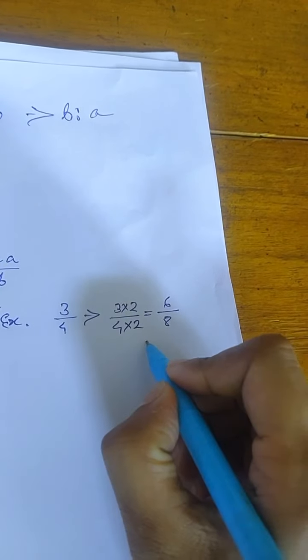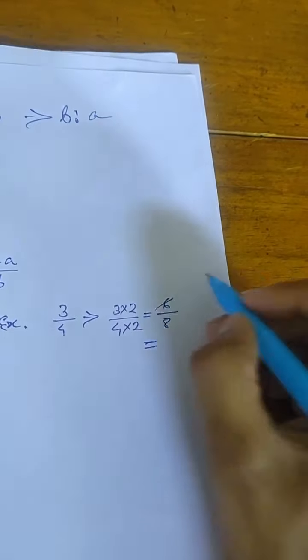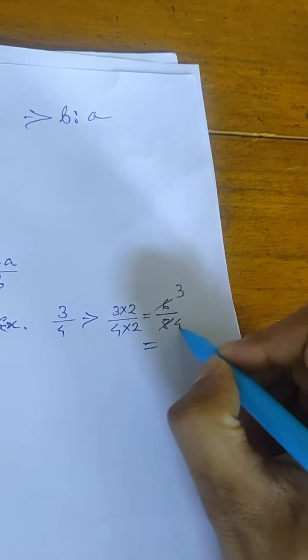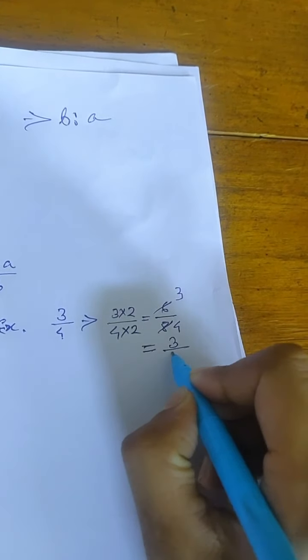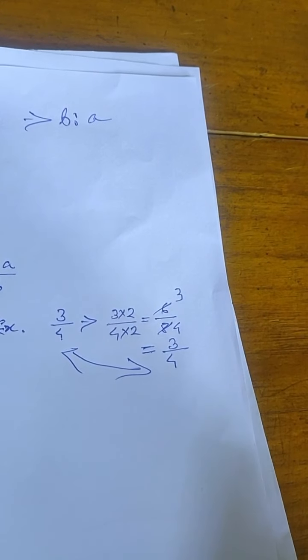If we cancel it, 2 into 3, so 3 times 2 into 4 equals 8, so it will be 3 by 4. So we see that both the ratios are the same. This is the first property.